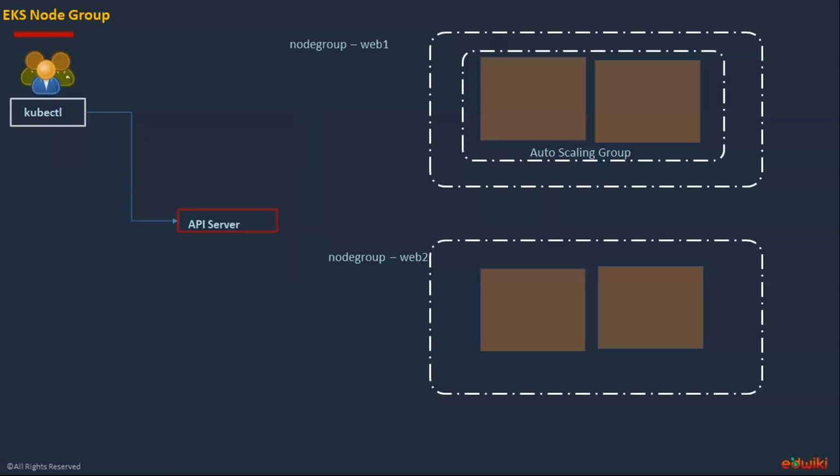Getting me? Because you should not get confused between the autoscaling group and the node group. Autoscaling group is the infrastructure level group which AWS is handling to create servers and scale the servers when needed.